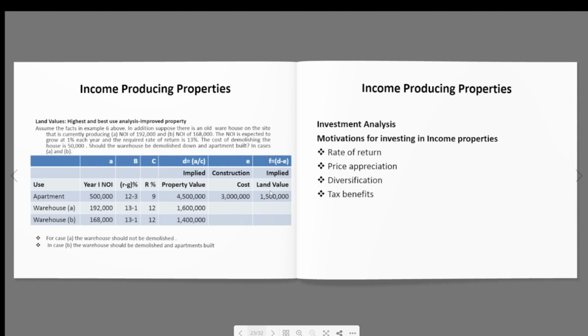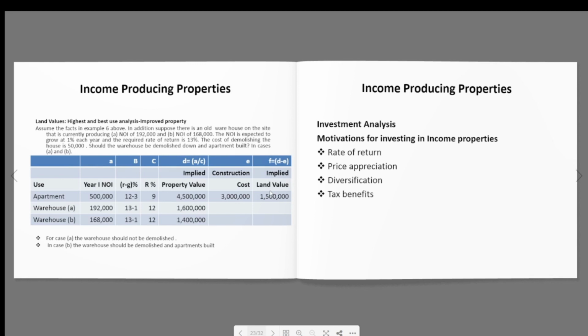But in case of B, the warehouse should be demolished and apartments built, since the implied land value, if the property is left with warehouse B, is 1.4 million, unlike if you built apartments, where the land value will be 1.5 million.